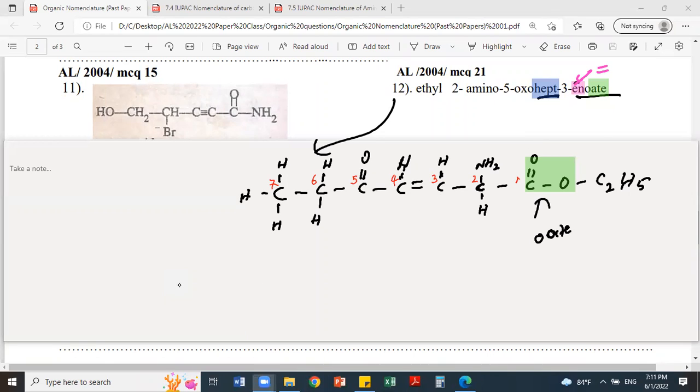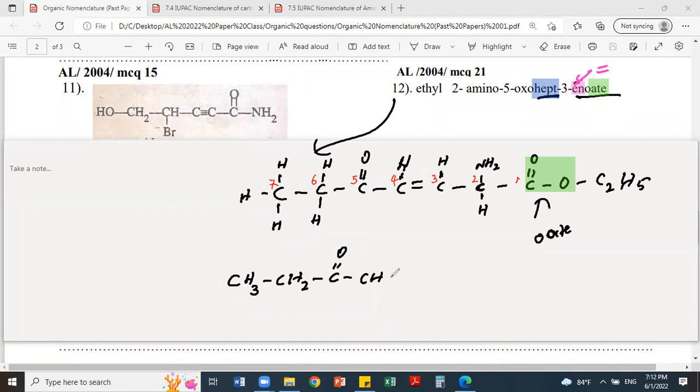So if you want, you can write it this way also. This is the displayed formula. The structural formula: CH3 CH2 C double bond O, that is the oxo thing, because in the presence of the carboxylic ester, this becomes not a ketone but a substituent group as oxo, 5-oxo.